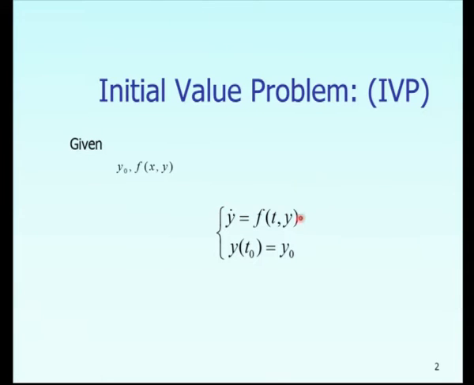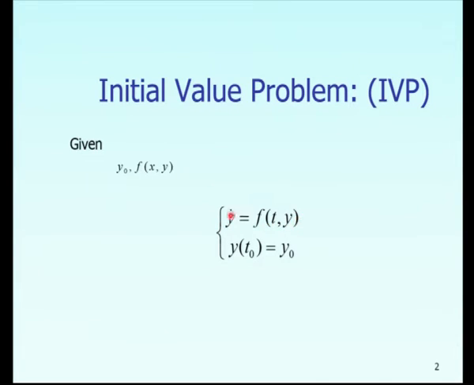The problem under consideration is the initial value problem. An initial value problem consists of two things: an ordinary differential equation and an initial condition. This is the ordinary differential equation, y dot indicates the derivative, equal to f of t comma y.